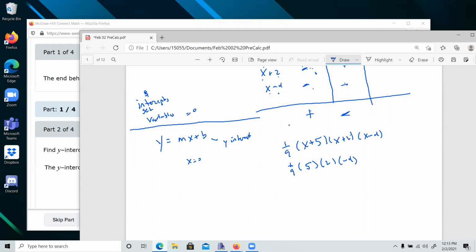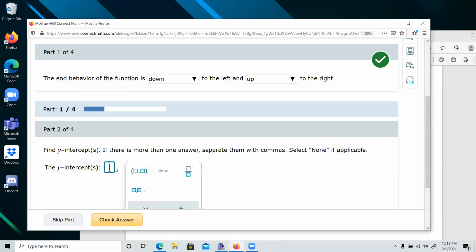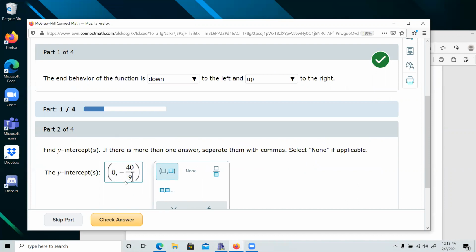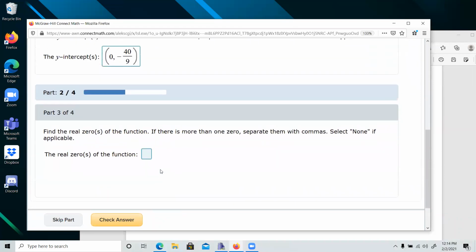This is going to be 10, then 40, so it's going to be -40 over 9. So my y-intercept is (0, -40/9). Check your answer.